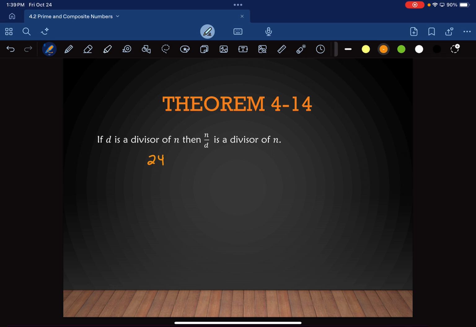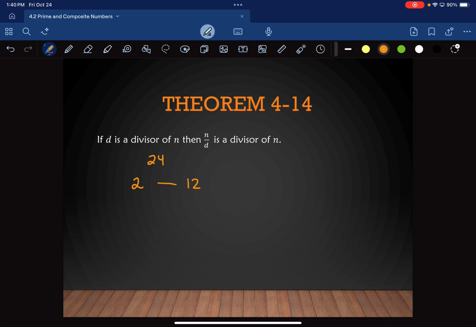It was in the notes. And one of the things that I said is that it's easiest to make sure that you don't forget or skip any of the divisors if you do them how? Do you remember? Like if I know that 2 divides 24, what do I automatically also know divides 24? 12. So I did them in pairs.